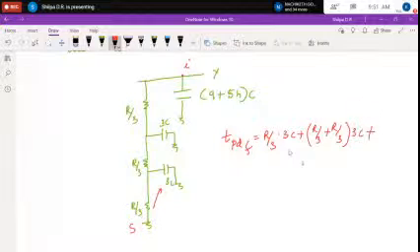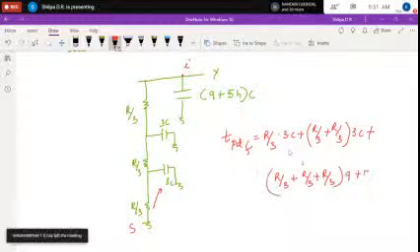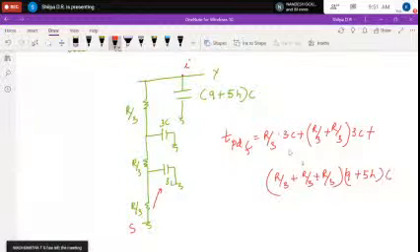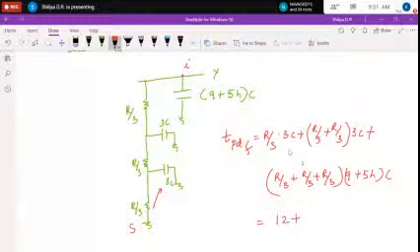Then plus 3 times R by 3, R by 3 plus R by 3 into the output capacitance, that is (9 + 5H)C. So, are you clear, students? If you solve this, you are going to get (12 + 5H) times RC. So this is going to be the worst case TPD fall.